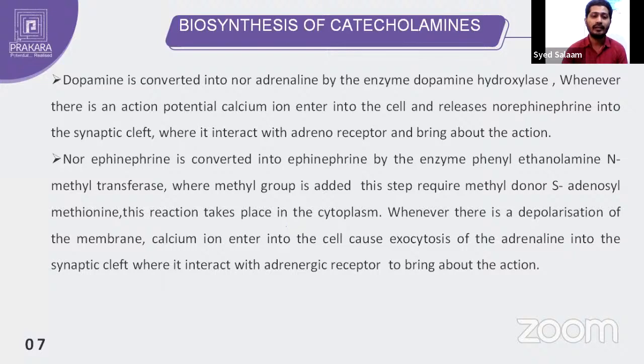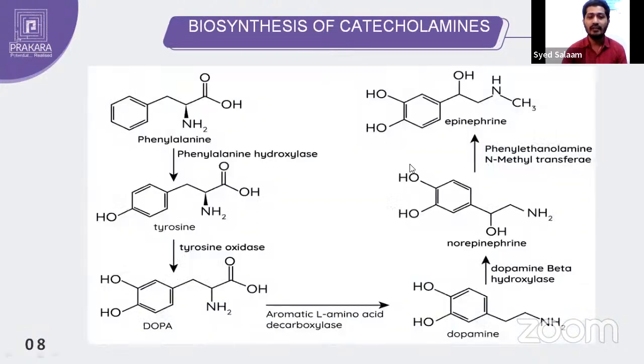Here in the biosynthesis of catecholamines, first of all we have phenylalanine, and by the enzyme phenylalanine hydroxylase, it is converted into tyrosine.